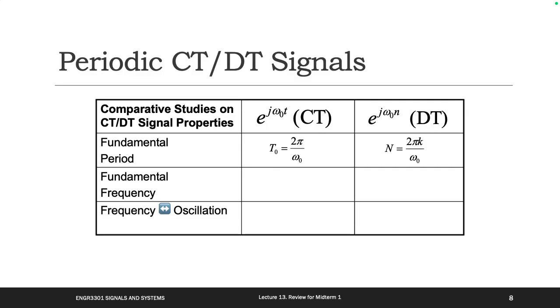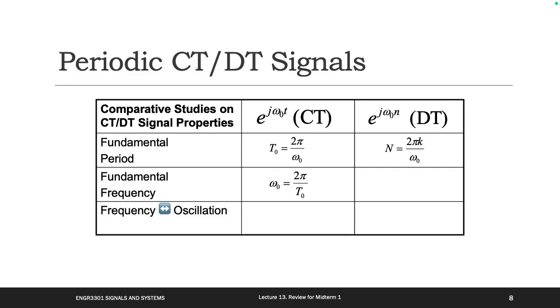And for the fundamental frequency, I think it will be easier because you already have the relationship between the frequency and the period. So what is the fundamental frequency for the CT exponential signal? What is omega naught? Omega naught is the fundamental frequency. Yeah, that's right.